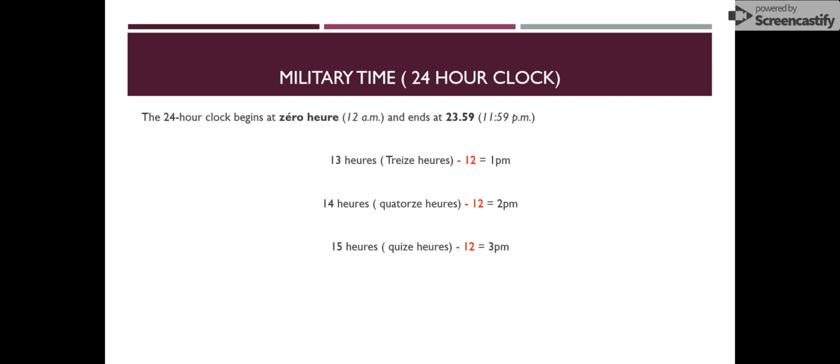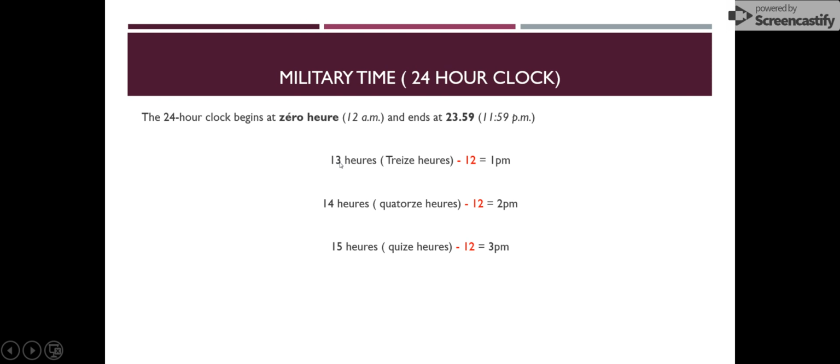You don't need to specify the moment of the day because it's a 24-hour clock. So it will start with 0, 1 heure, 2 heures, 3 heures, 4 heures, 5 heures, and so on up to 12 heures. So in the afternoon, it will be 13 heures. We will not go back to 1 p.m.; we will go to 13.